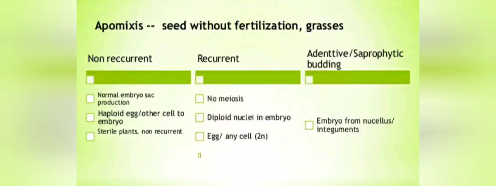So we can say apomixis is the production of seeds without fertilization. The different types are given which are not in your syllabus. You must only know what apomixis is, its definition, and its role in plant breeding.